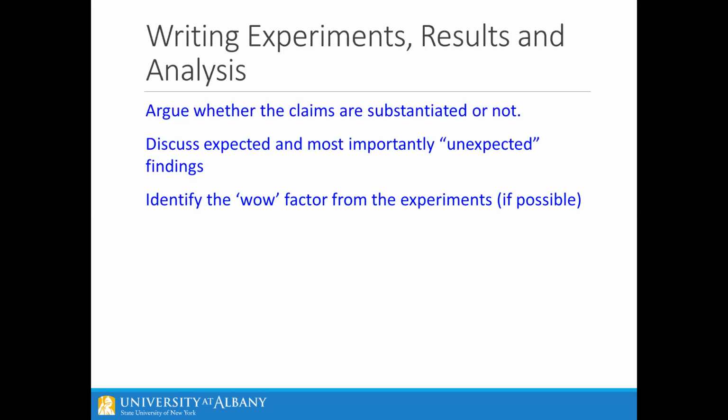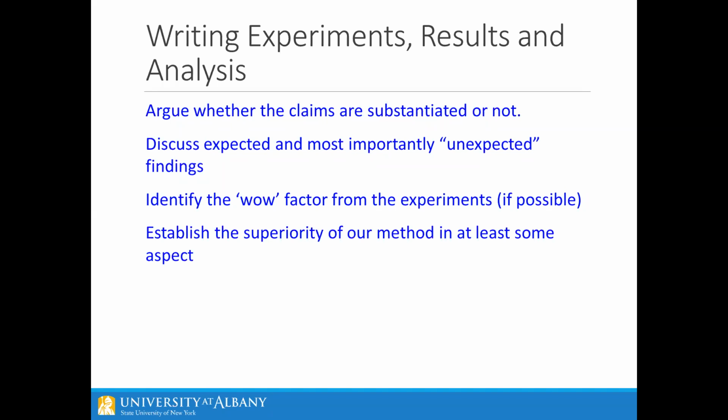Also, try to identify a wow factor. Okay, wow factor means something really exciting you got, and something which is unique, which has come from this system or application and from experiments. Try to identify that. Okay, although it is hard to do, that makes your solution very unique and very convincing. Okay.